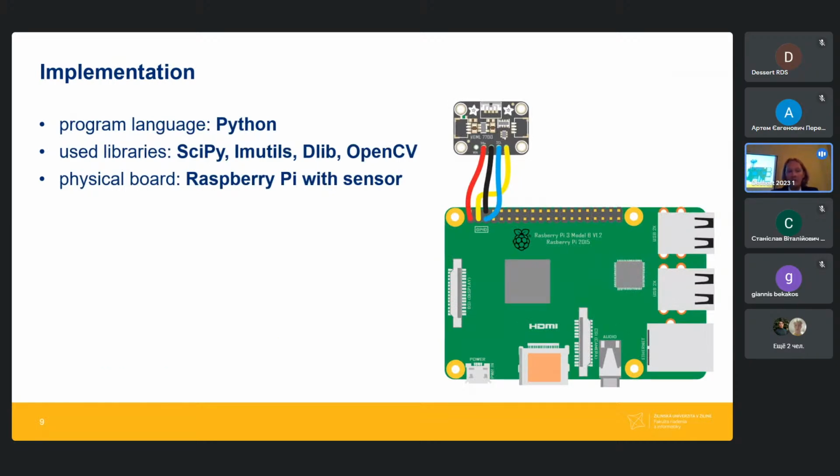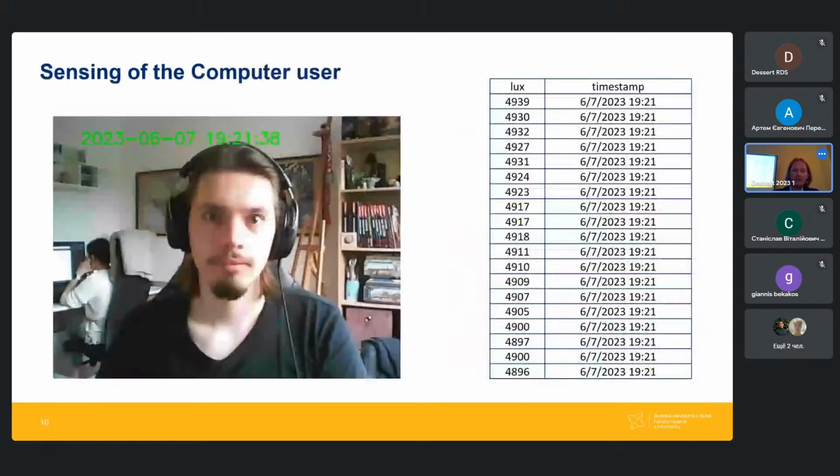For implementation, we use the programming language Python and the libraries SciPy, imutils, dlib and OpenCV. The physical board with the sensor is a Raspberry Pi with an ambient light sensor.